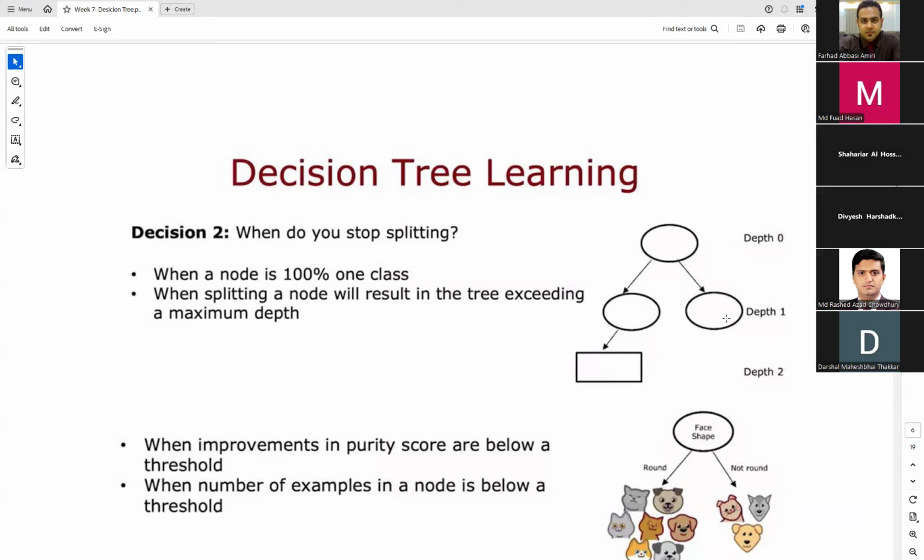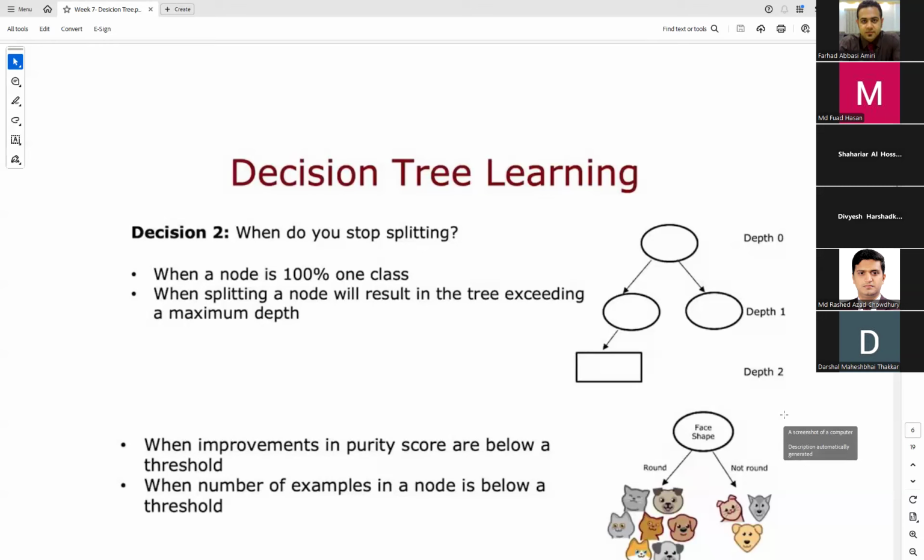If you go further downward, you reach depth 2 or level 2. If you need one more step, because at depth 2 you still cannot make a decision or classify the image as cat or not cat, you need to go to depth 3 or level 3, right?